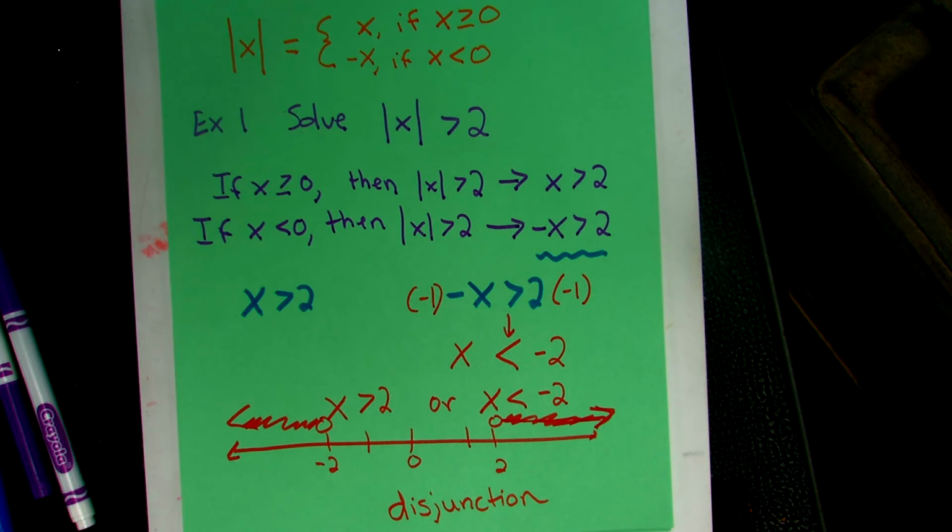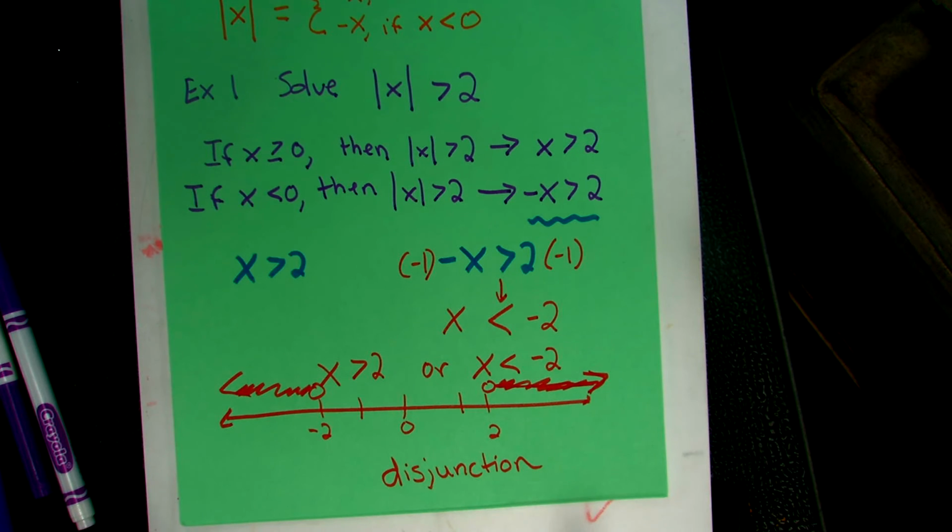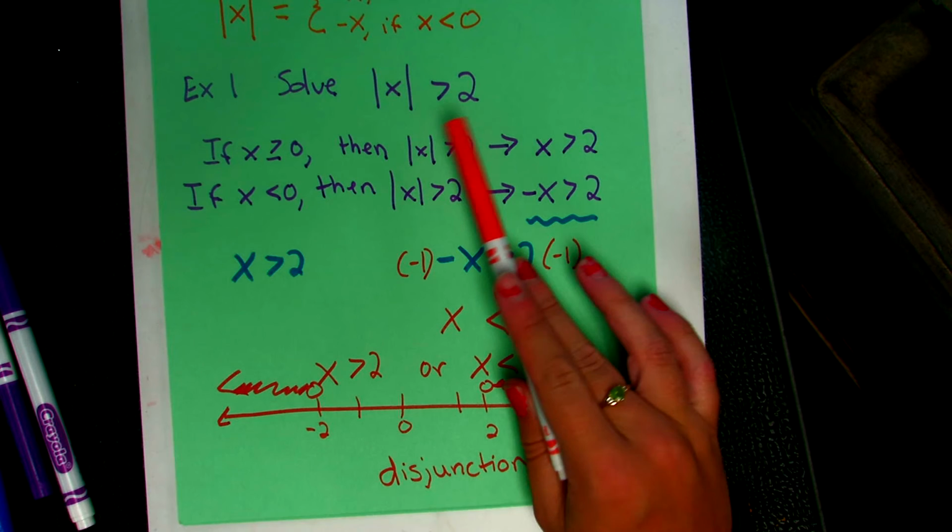So how do we know whether to use a conjunction or a disjunction? How do we decide? Let's think about example 1, and we're going to use our knowledge of absolute values as distances. So think back to your basic definition. Absolute value is the distance between a number, okay? We interpret that the absolute value of x is greater than 2.